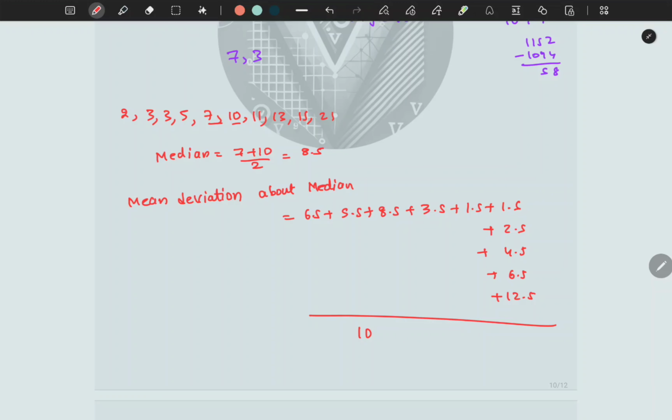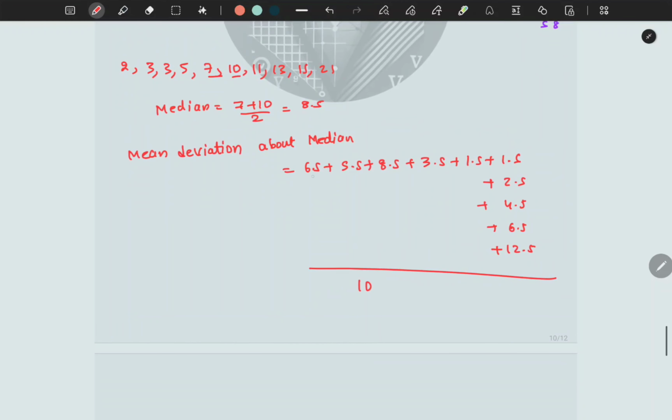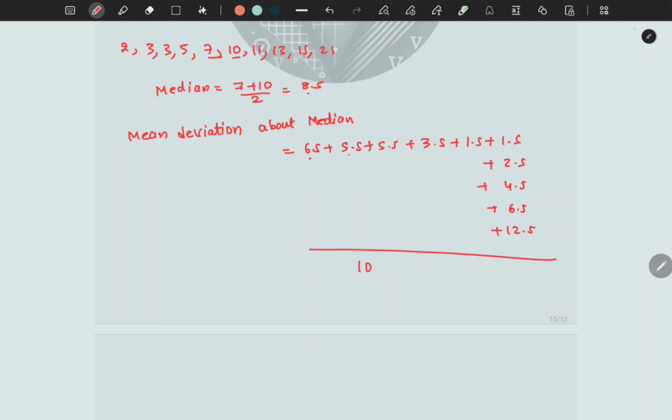Now we have to add them. So what do we get if I add? Let us once cross check. 8.5 minus 2 is 6.5. 8.5 minus 3 is 5.5. Yeah, this should be 5.5. Then we'll first not consider 0.5.